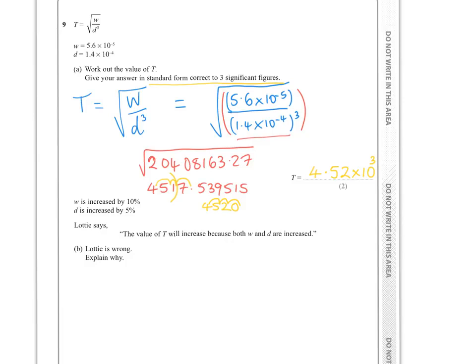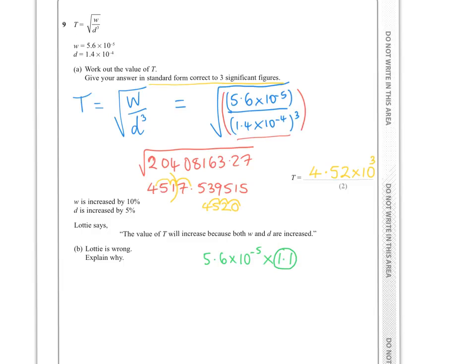For part B, W is increased by 10%. So in the numerator, we're going to have the 5.6 times 10 to the minus 5 increased by 10%. So that's timesing by 1.1.